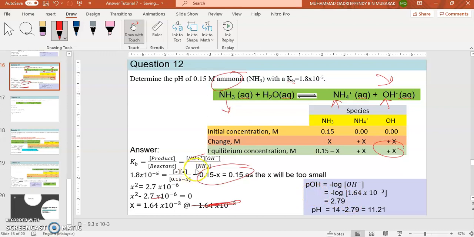Now we need to know that this one is a base, so the pH of a base equals 14 minus pOH. We need to remember this relationship.